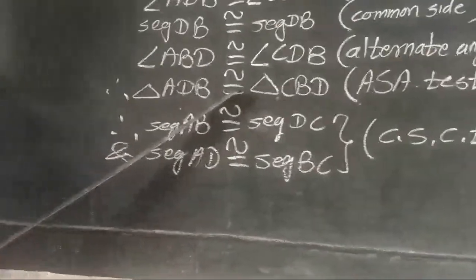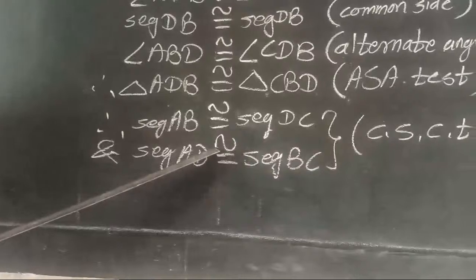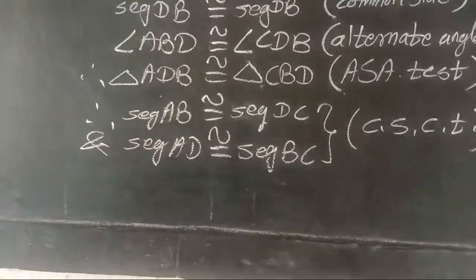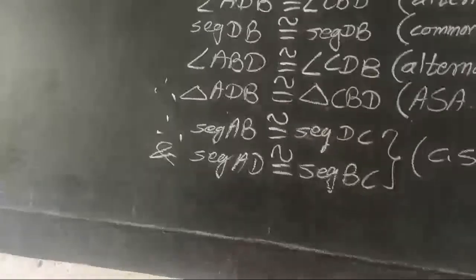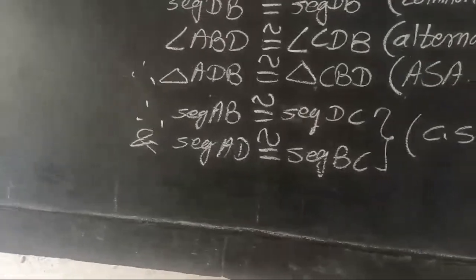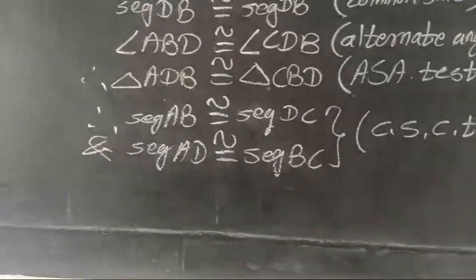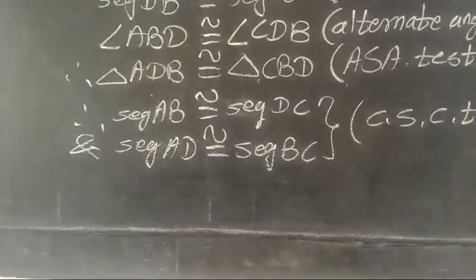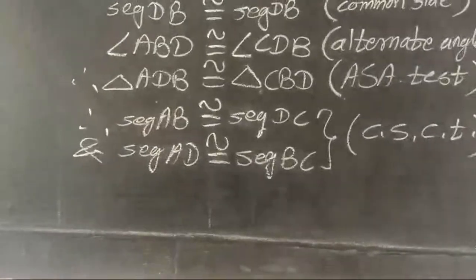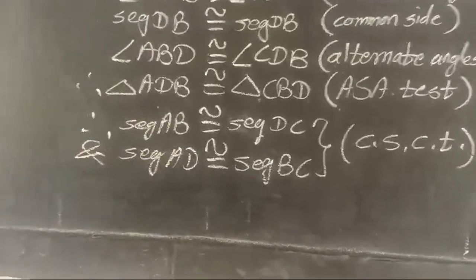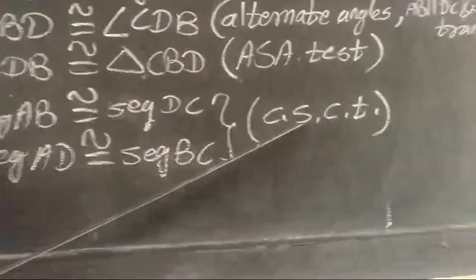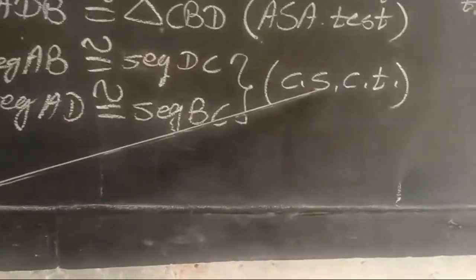If two triangles are congruent, then corresponding sides are congruent, and also corresponding angles are congruent. Which are the corresponding angles?